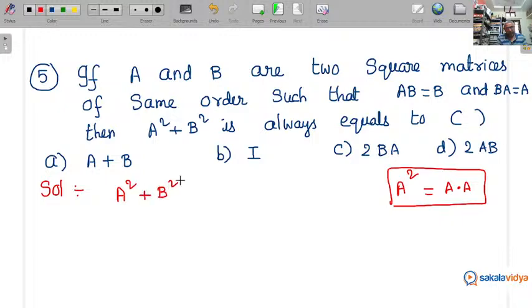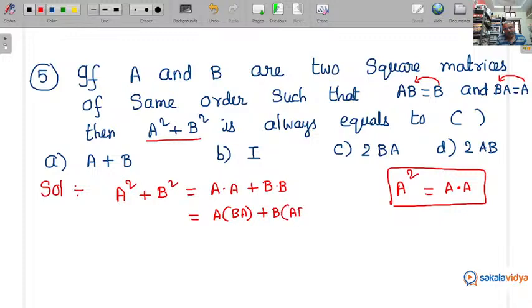A square plus B square you can write as A into A, and similarly B square we can write as B into B. But what is A? A is equal to BA, so we can write A of BA. Clear? Plus, what is B? B is nothing but AB. In the place of B, write AB.